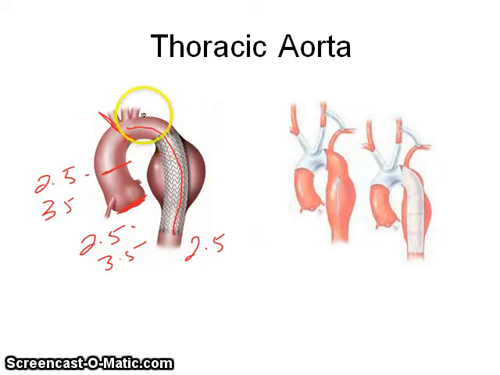If it's localized to this area, distal to the arch but before the diaphragm, then they can treat that with a stent graft easily enough. But it's when it gets into all of these branches that the problem occurs. So a lot of times these are still treated surgically, but more and more, as technology advances, they're being treated with stent grafts or endografts.